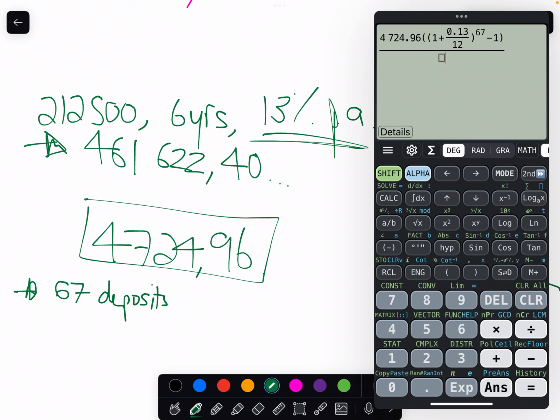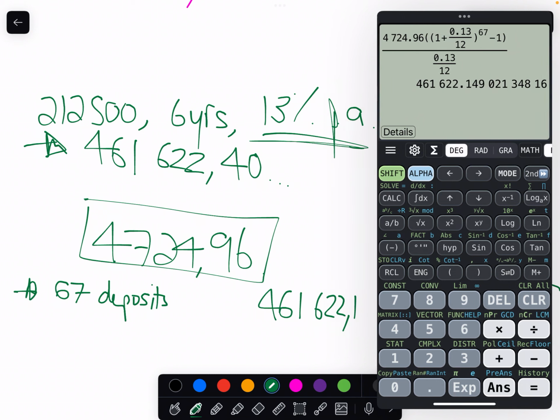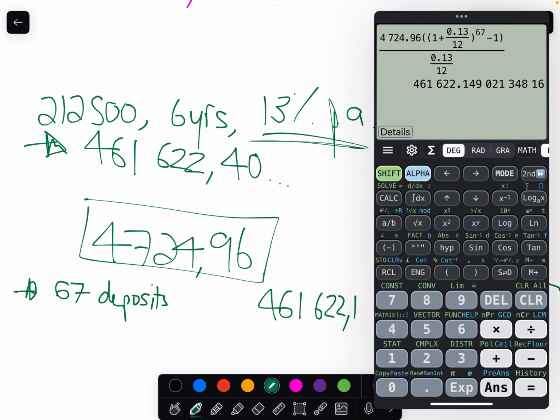And then down here we'll just end up with this. And that ends up being 461,622.15, which is indeed very close.